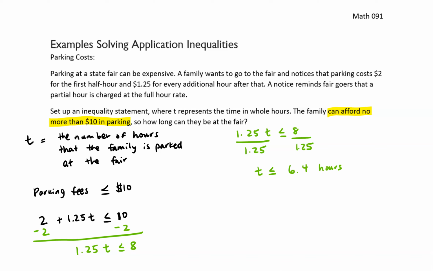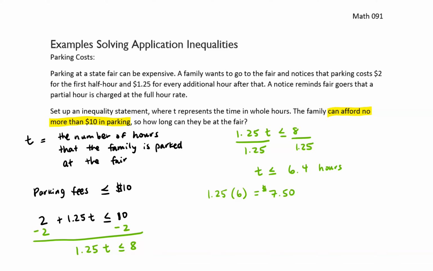However, we must remember that for each additional portion of an hour, we get charged for an entire hour. And so we want to round that down to just 6. Let me show you why that is. If we were to stay for 6 hours, then we would have 1.25 times 6, which is $7.50.